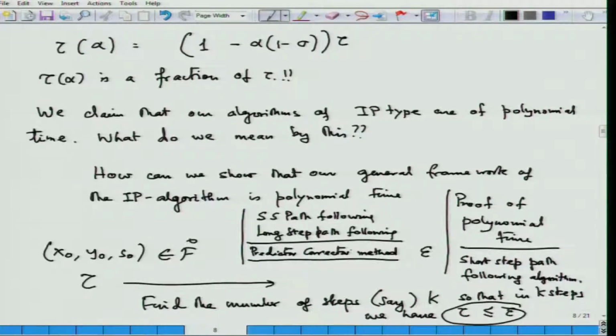And then once we know about the predictor corrector method, we will also give a brief outline of Sanjay Mehrotra's predictor corrector method, which is the most useful predictor corrector method that is used in algorithms.